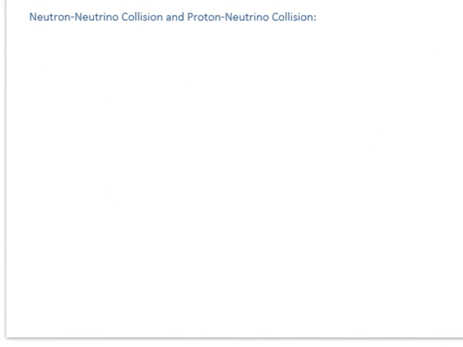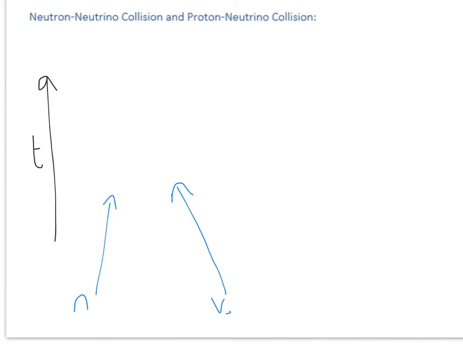So a neutron-neutrino collision. So going in, you've got a neutron, and going in this side, let's have an electron type neutrino.